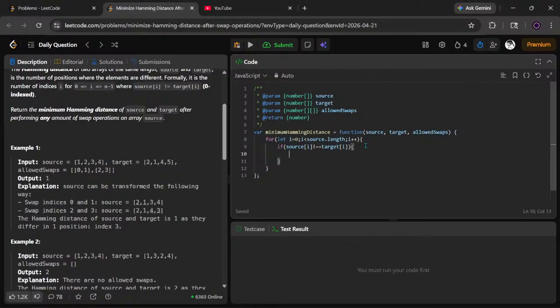So what we need to do for swapping, we have allowed swaps. How can we incorporate the allowed swaps inside this logic right now? Since this is running differently, that will be running differently. I have my allowed swaps and I have the source and target.